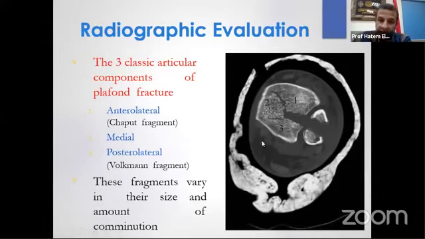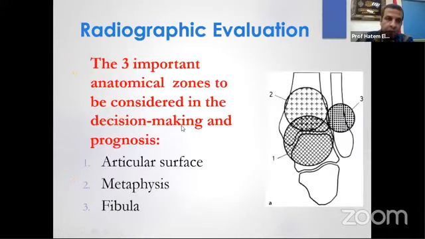These 3 fragments vary in size and amount of comminution. Three important anatomical zones in the evaluation of fractures of the tibial plafond: the articular surface, the metaphyseal area of the distal tibia, and the fibular fracture.